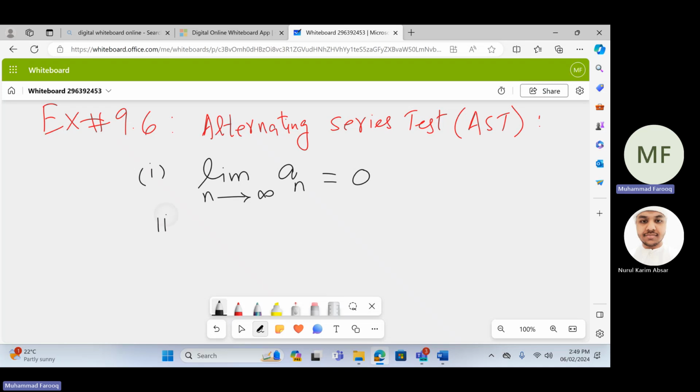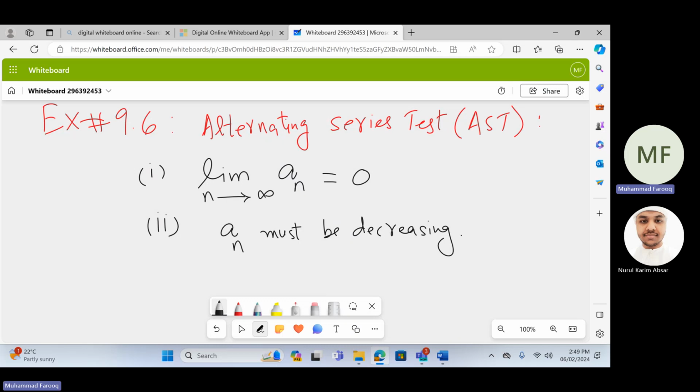Now, number 2. The second condition is that the sequence a sub n must be decreasing. If these two conditions are justified, what's the answer? Yes, the series converges.